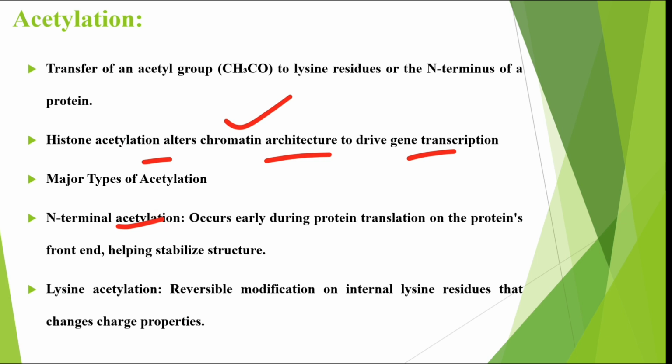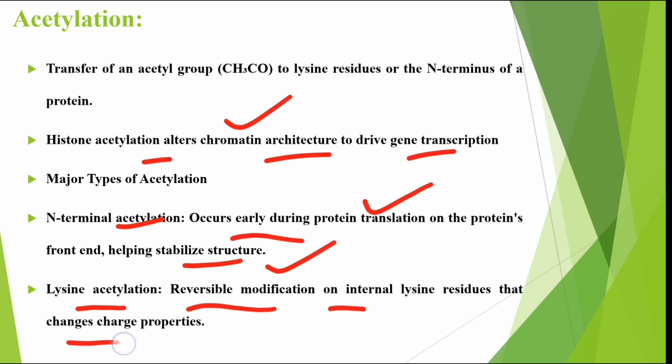N-terminal acetylation occurs early during protein translation on the protein's front end and helps to stabilize the structure. Lysine acetylation is a reversible modification on internal lysine residues that changes the charge properties.